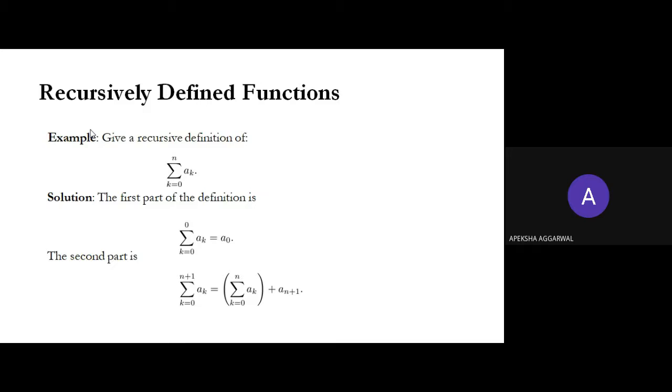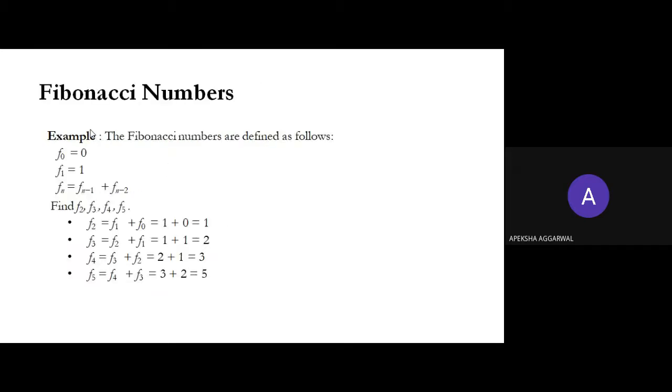Now Fibonacci numbers. What are Fibonacci numbers? You start from 0 and 1 and you keep on adding those numbers. 0 plus 1 is 1, then 1 plus 1 is 2, and so on. So you know Fibonacci numbers? Okay.